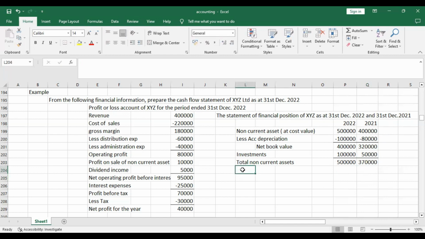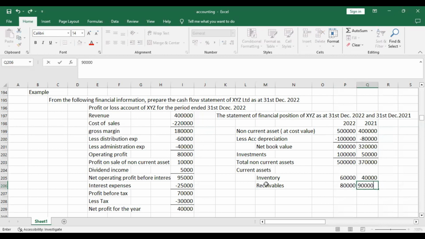Next, current assets. Let me take one item at a time. Inventory: we can take 60,000 and 40,000. Then receivables: 80,000 and 90,000.